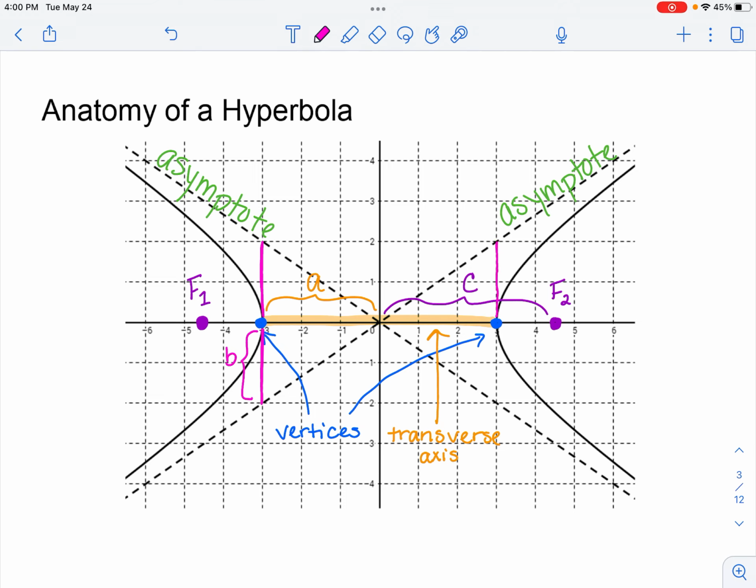I'm going to go from the vertex straight up until I hit the asymptote, and from the vertex straight down until I hit the asymptote, okay? And then I'm going to complete a box out of this. Now, this box is a great tool to help us when we're actually drawing, but it's not something that we want to leave on the graph, okay?